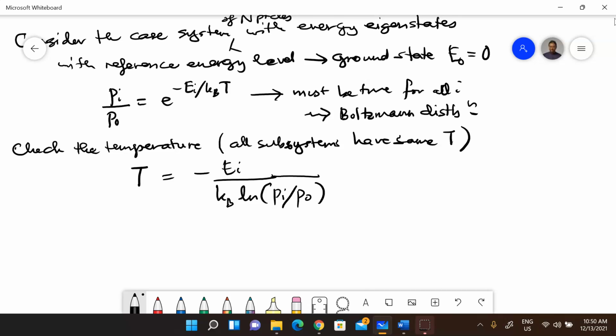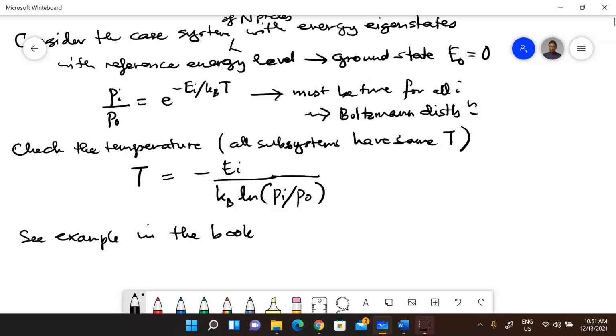So one could now check if the system is in the right equilibrium state by calculating the temperature. See the example in the book, so I will not go into it. It's pretty simple.